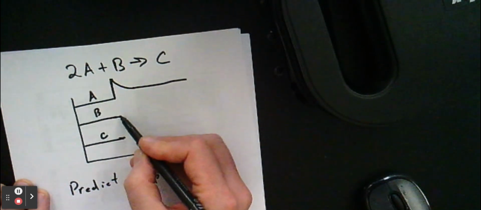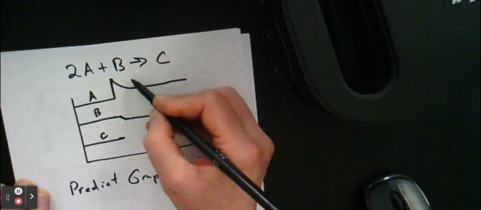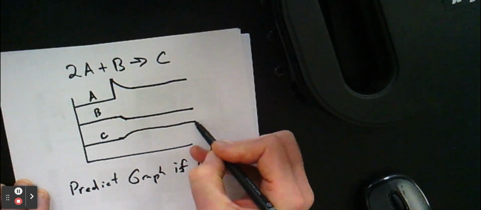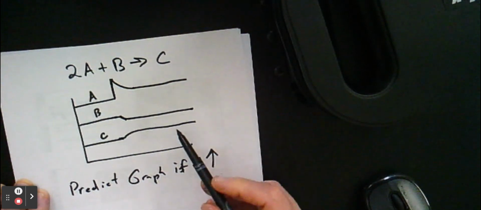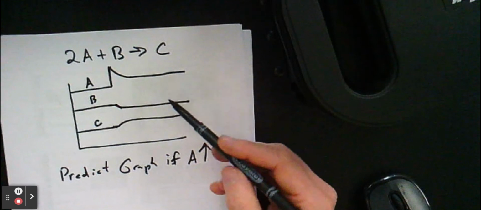B isn't going to spike, but would decrease half as much, and then reestablish equilibrium around the same time there. C would go the opposite: because C is being made, it's going to increase like that. All right?